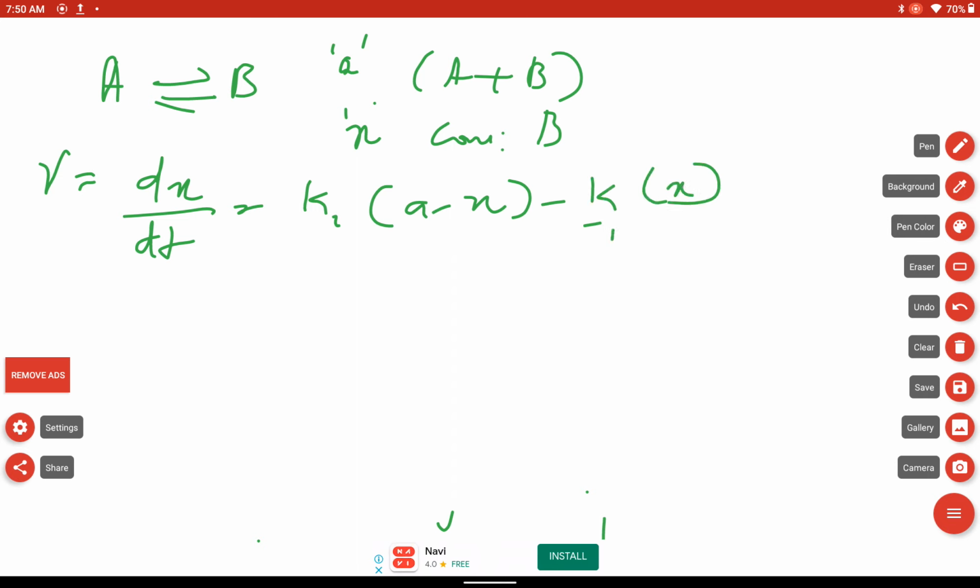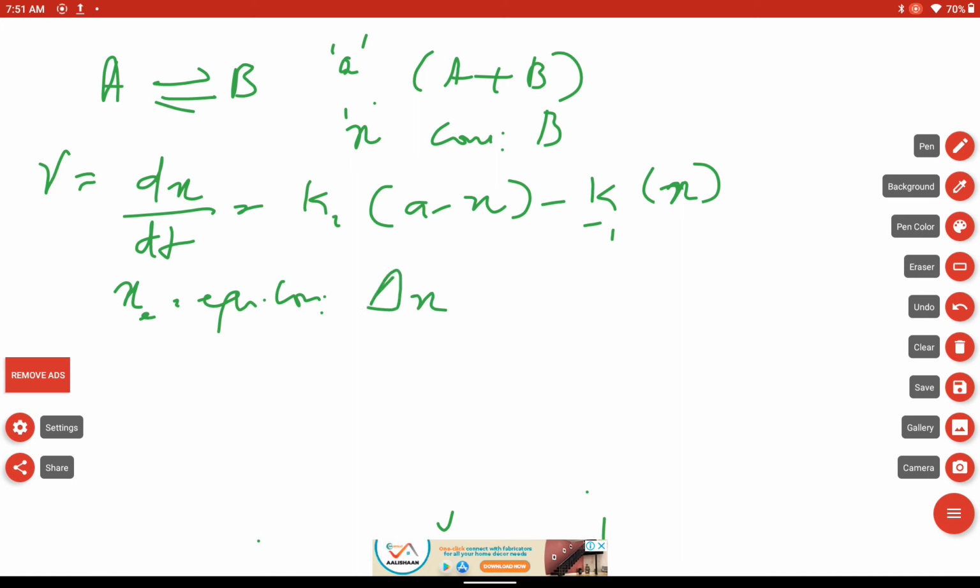That is, X is consumed in this way, concentration of X. From this, if Xc is the equilibrium concentration, suppose Xc is the equilibrium concentration, then delta X is equal to X minus Xc, or X is equal to delta X plus Xc.